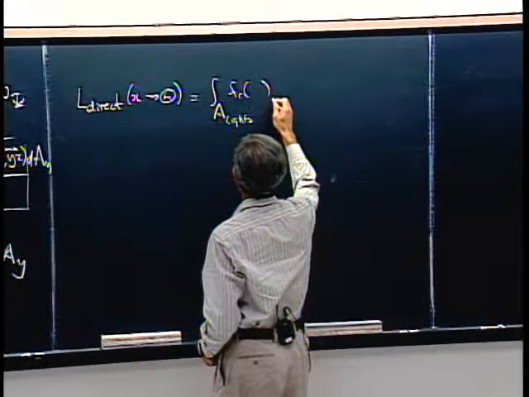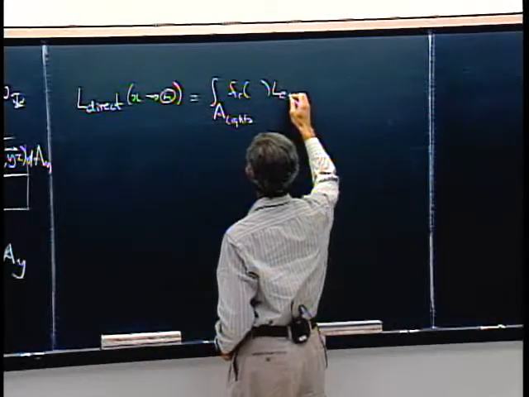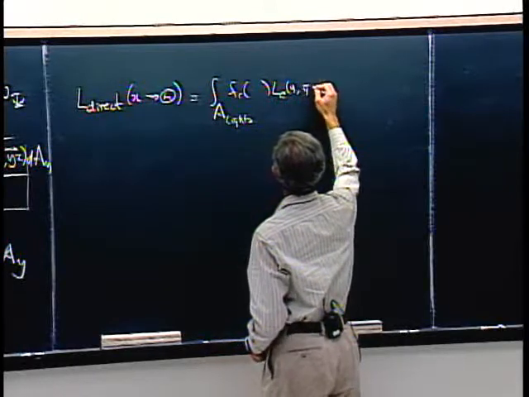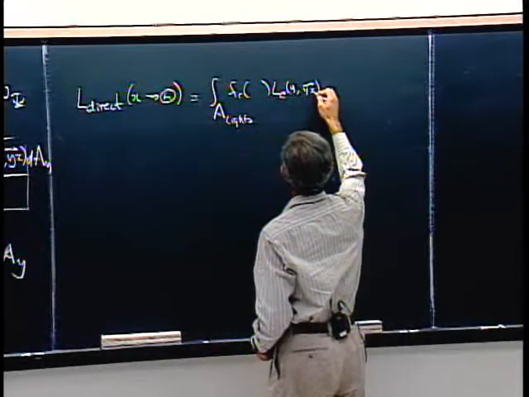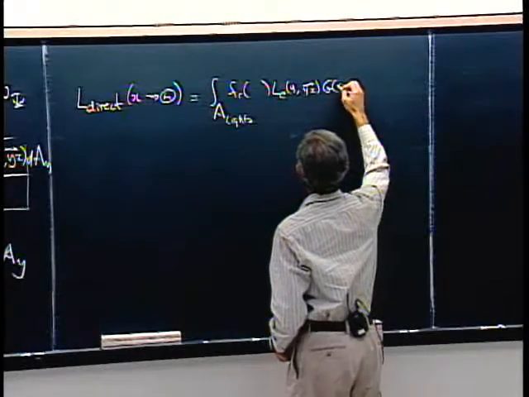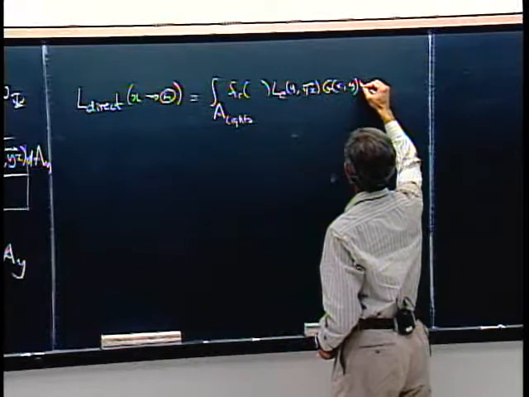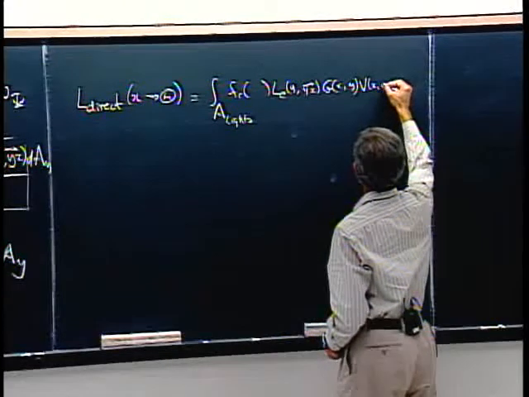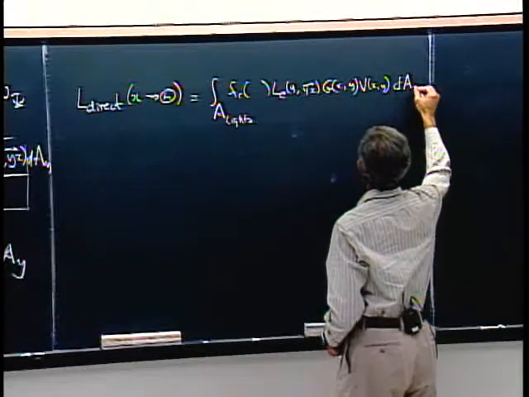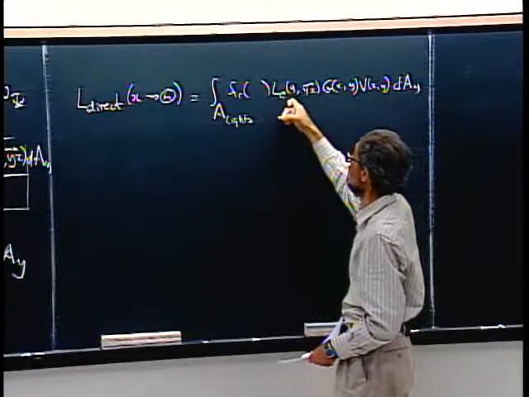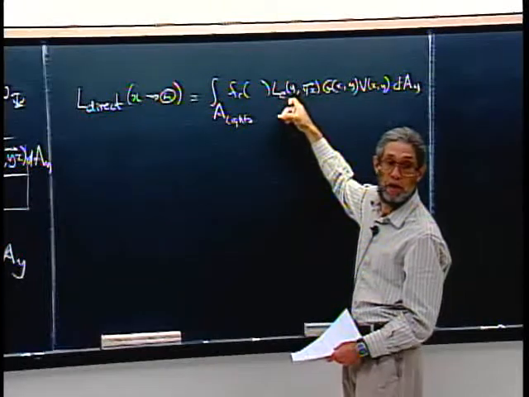I won't put all the angles in, but it's only going to be the emitted light at y in the direction from y to x, G of xy, V of xy, dA at y, where now we're integrating only over the light sources, and we're integrating over the emitted light.